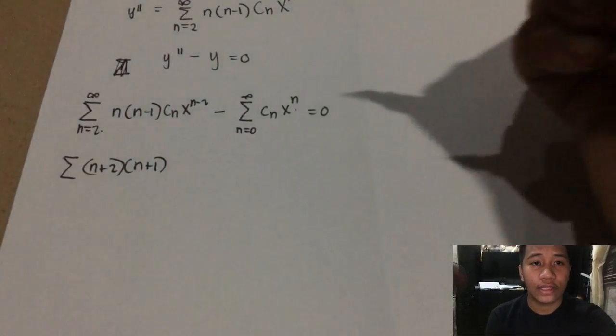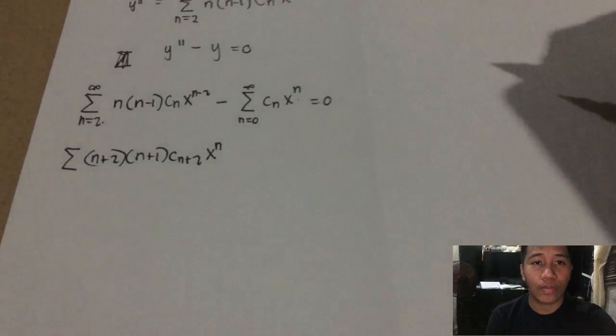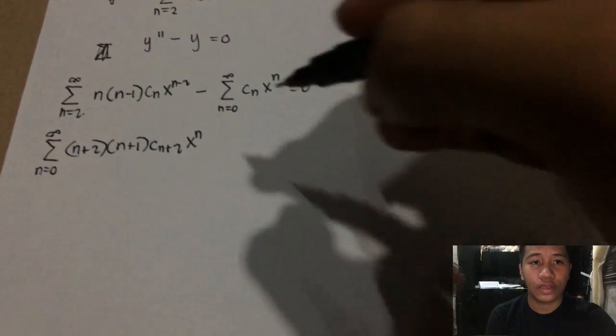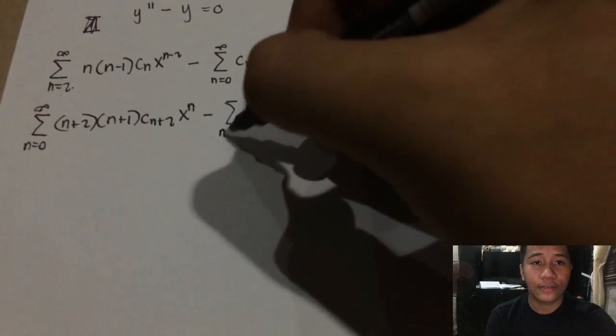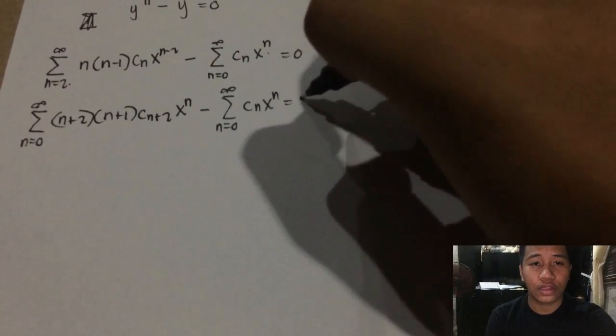So it becomes the summation of n plus 2 times n plus 1 c sub n plus 2 x raised to n, with n from 0 to infinity. Bring this down: the summation, n equal to 0 to infinity, of c sub n x raised to n equals 0.